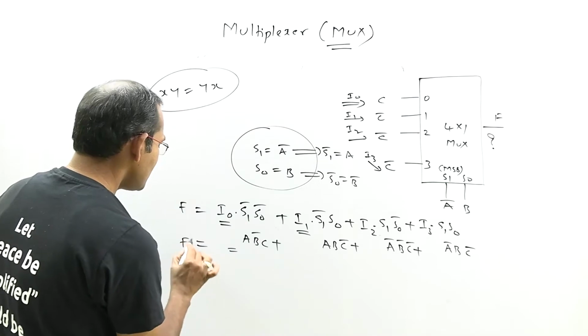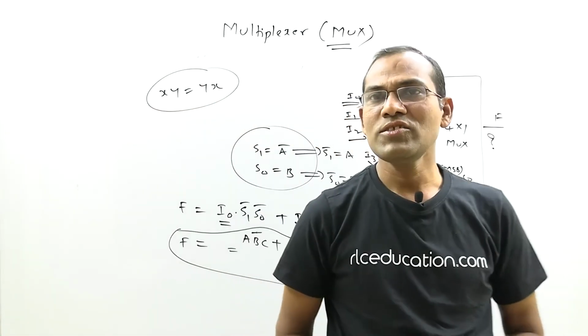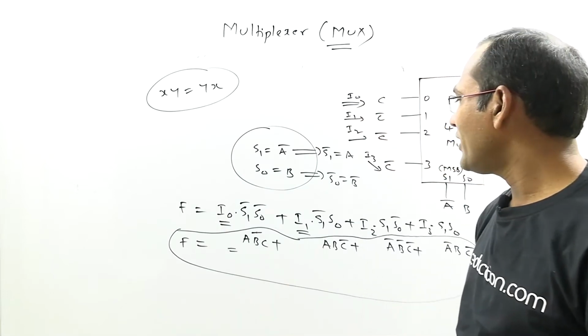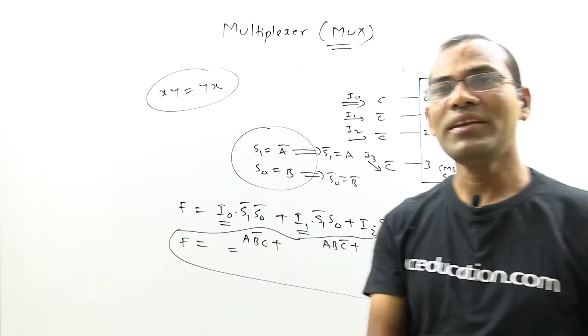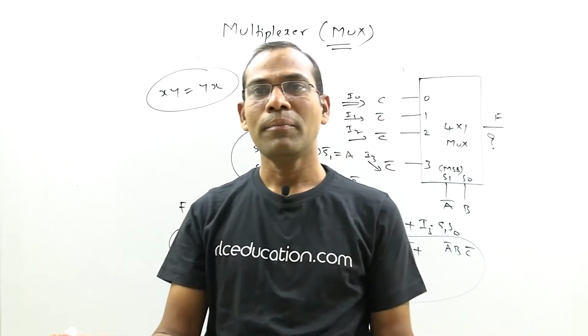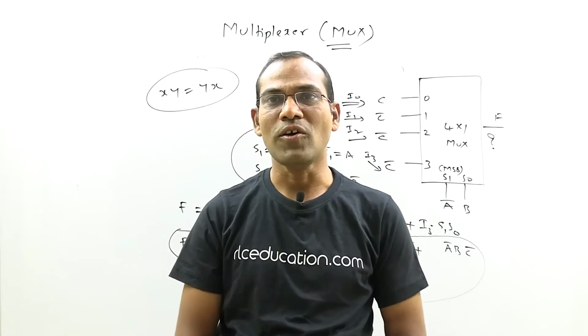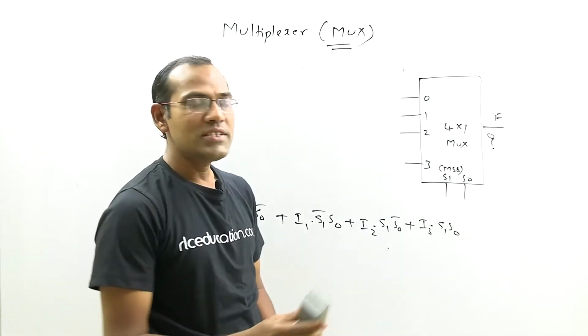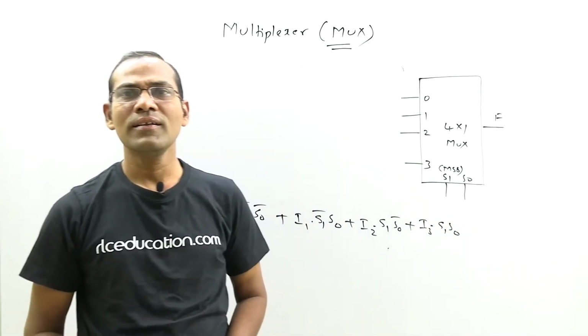Finally, this is the output expression. Like this you can solve this problem very easily. Just always identify minterms, multiply input with minterm and add those products. That's all.